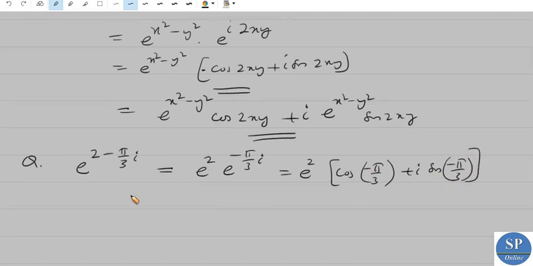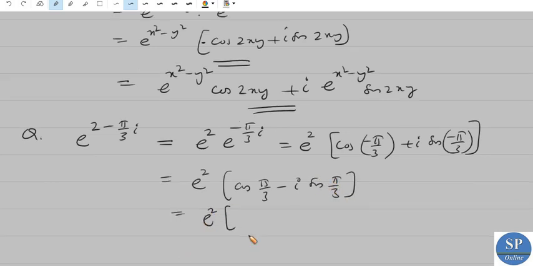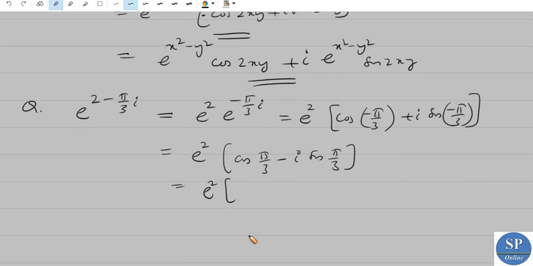So this is equal to e square into, or directly we can write e power minus pi by 3i as cos pi by 3 minus I into sine pi by 3. We already defined that, so we can write like this: cos pi by 3 minus I sine pi by 3. But we have, this is e square into cos pi by 3, which is cos 60, which is 1 by 2, minus I into sin pi by 3, which is root 3 by 2.